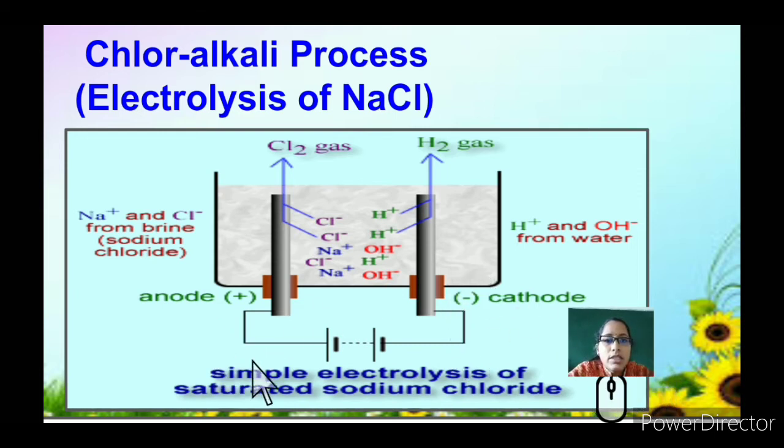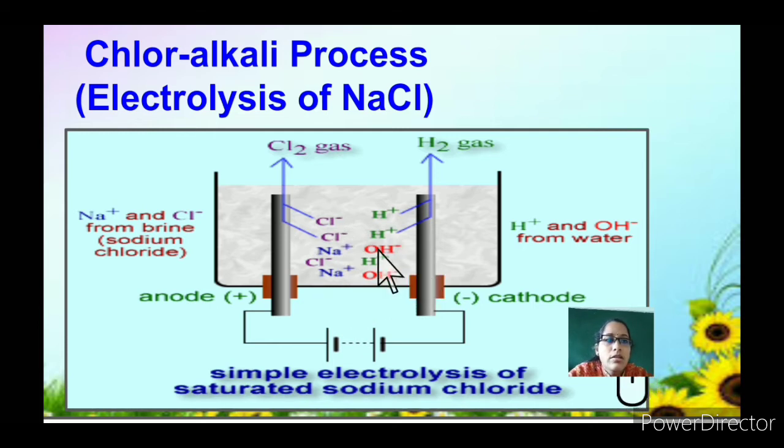You can see here that it is attached to a battery, and when an electric current is passed, there is dissociation of the water molecule, that is H plus and OH minus, and sodium chloride also dissociates into sodium and chlorine.